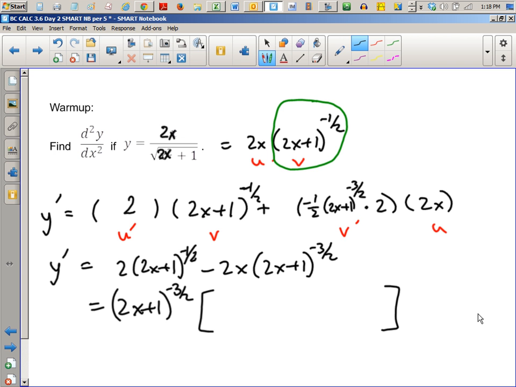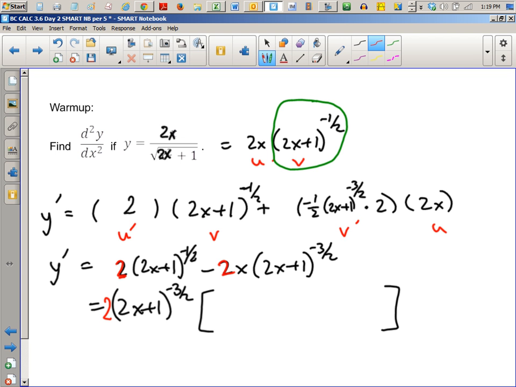You might say, well, that first term doesn't have a 2x plus 1 to the minus 3 halves. Oh, I can also pull out a 2, can't I? See the red 2 here? Let's pull that out too. You might say, well, how can you pull that out? It's not even in the first term.